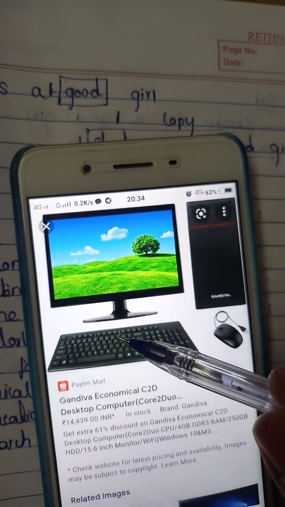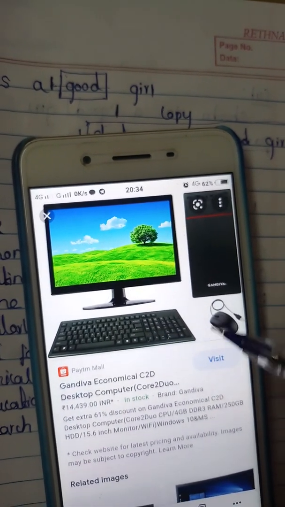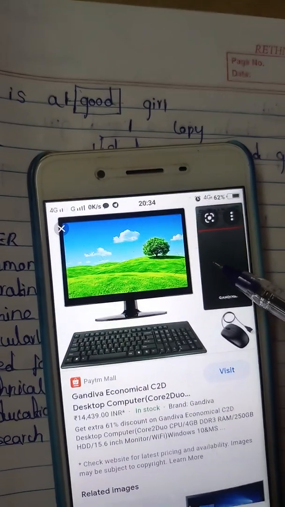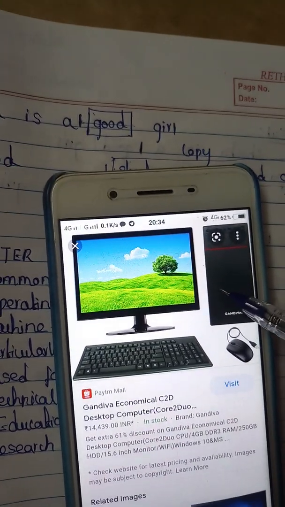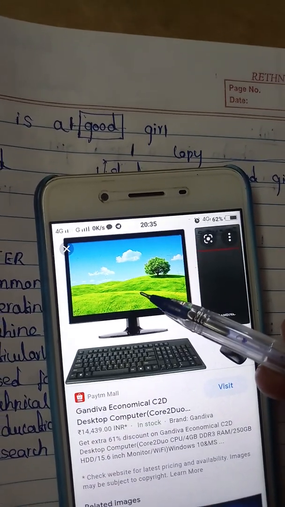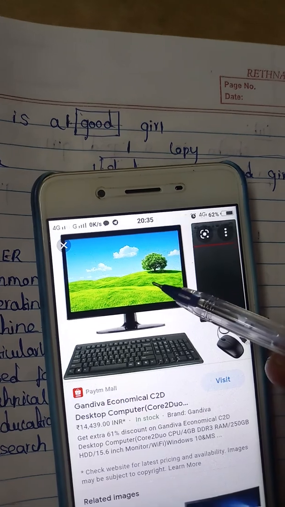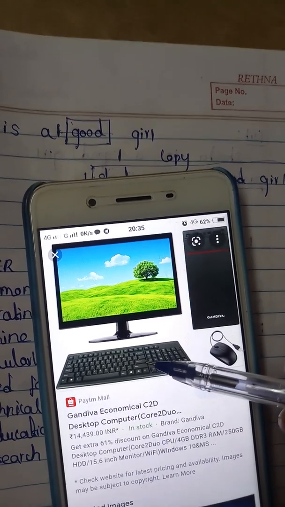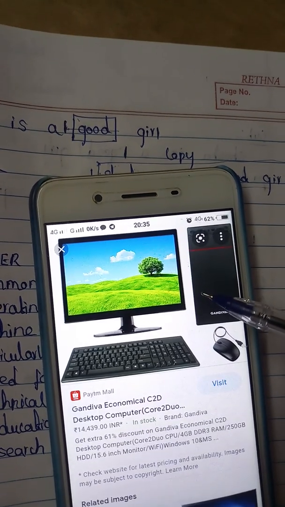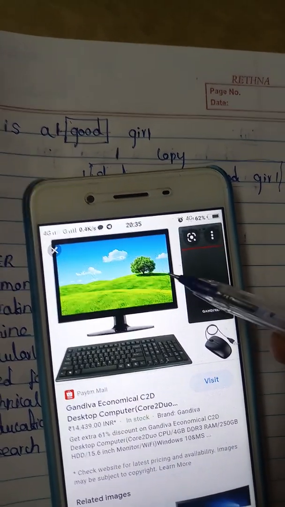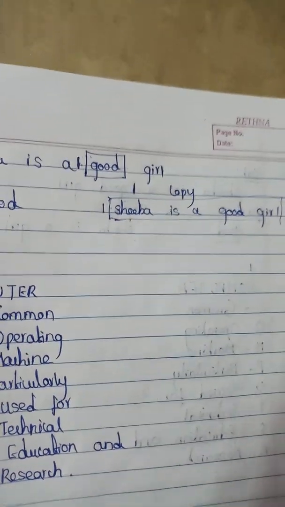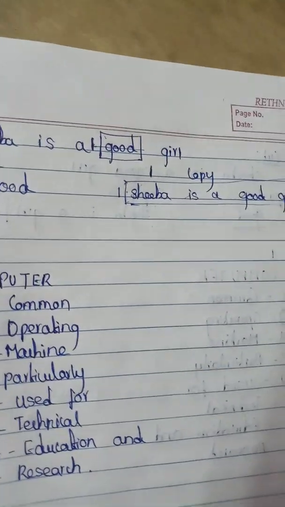It takes the input by using a keyboard or a mouse, and then it makes the process by the CPU, because this is the brain of the computer, and then displays the output on the monitor. This is the definition of the computer.